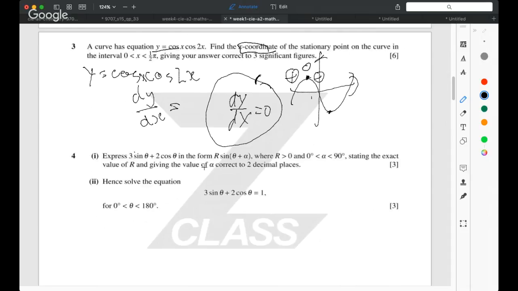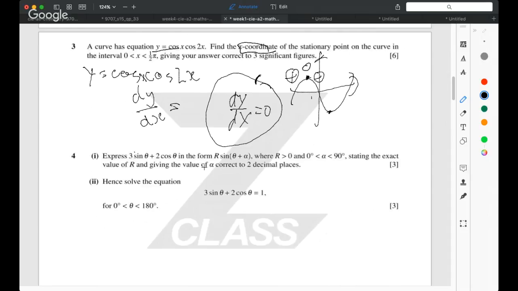How do you write sine theta plus alpha in terms of sine theta and sine alpha? Is it just like r sine theta plus sine alpha? Not quite. Sine theta cos alpha. So sine theta plus alpha is equal to sine theta times cos alpha.